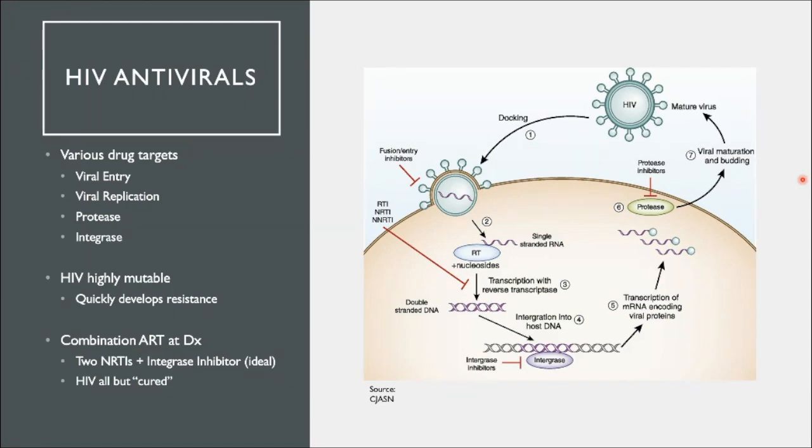HIV antivirals. There's a lot of antivirals that go into HIV. HIV is a big problem, and so there's been a lot of research into dealing with this disease. The good news is, while we haven't necessarily been able to cure it, we have made HIV all but cured.